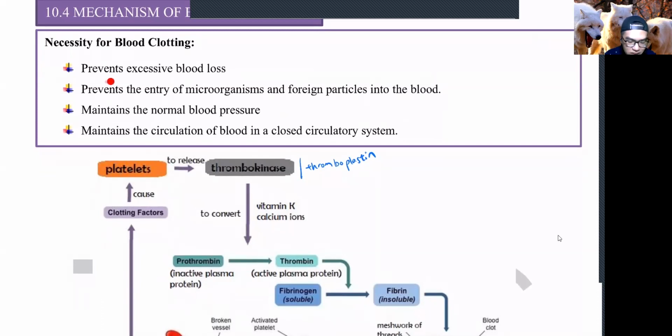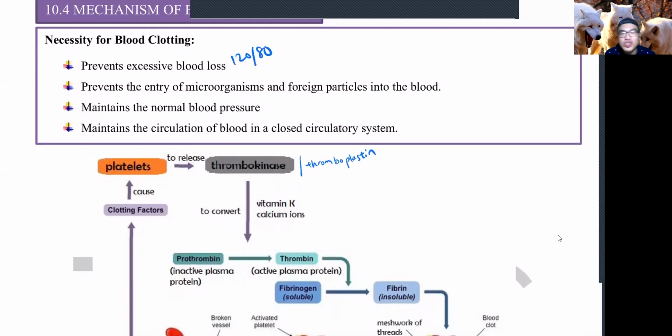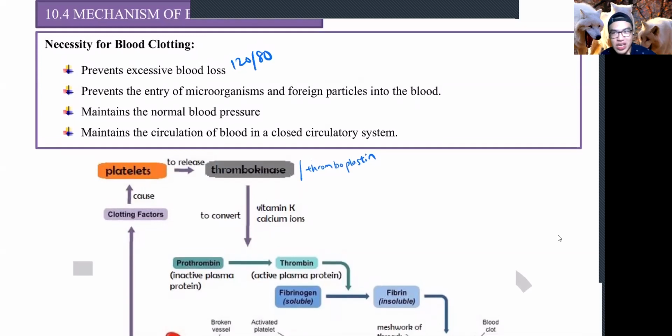If you ask me, number one, obviously, is to prevent blood loss. They need to maintain your blood pressure at 120/80. If you watch those dramas, some people get into accidents, or in the middle of surgery, if the blood pressure starts dropping, that would be a problem, because it means this person is losing blood.